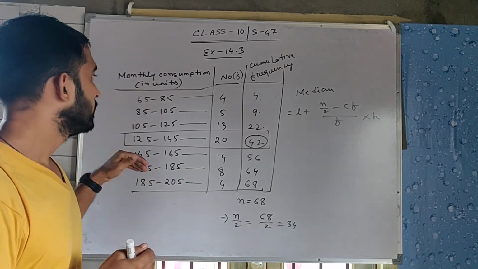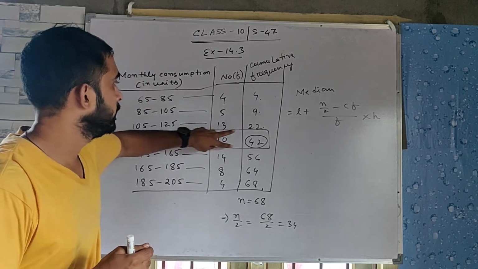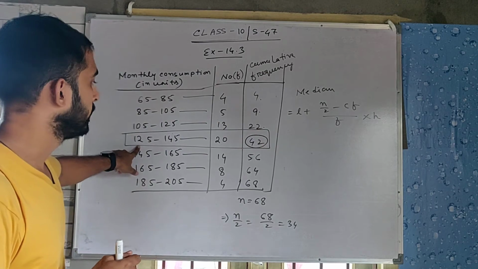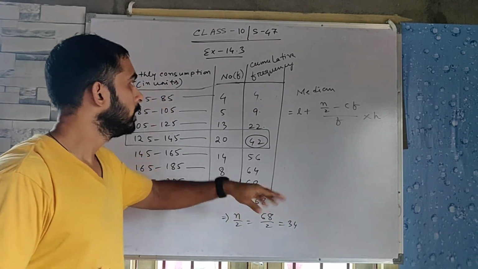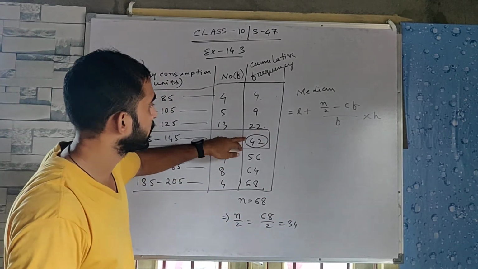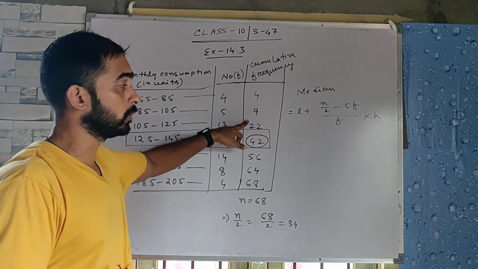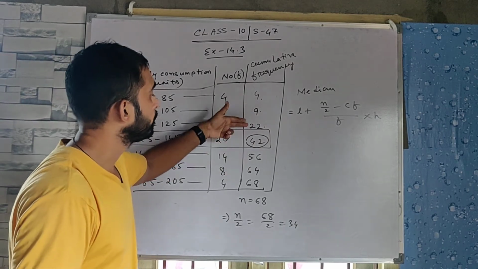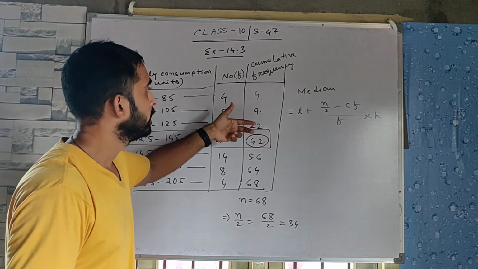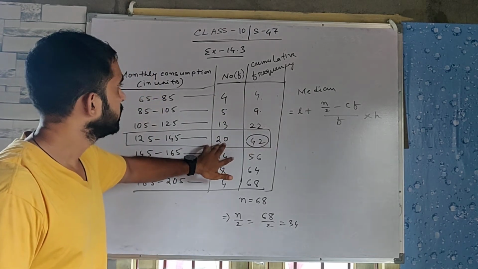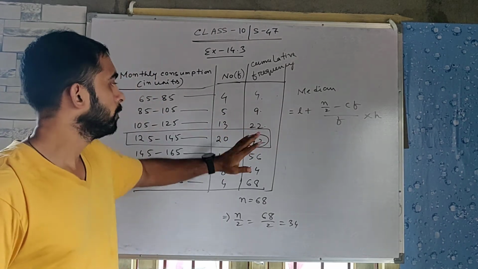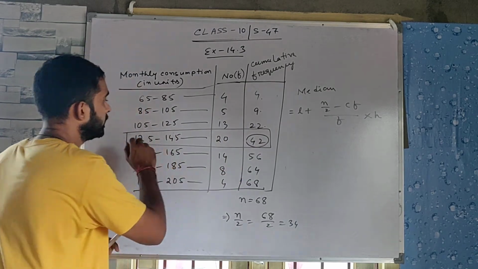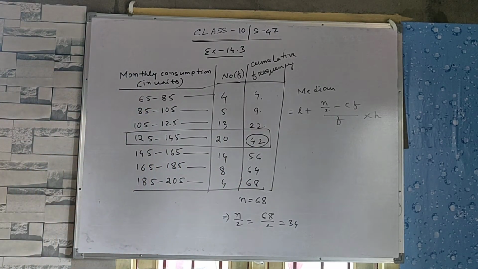L means the lower limit of this median class. n by 2 is 34. CF is the cumulative frequency of the previous, preceding one, not this one. F means the frequency of the median class, and H means the difference of the class interval.